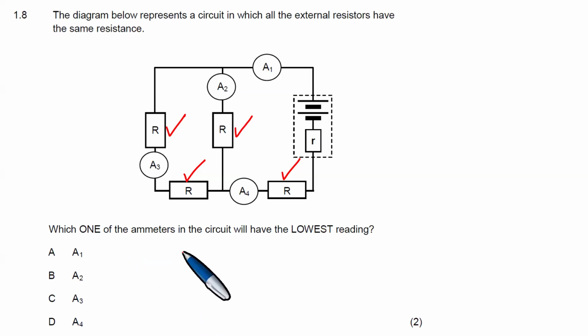Which one of the following ammeters in the circuit will have the lowest reading? The ammeter with the lowest reading will be subject to the lowest current.